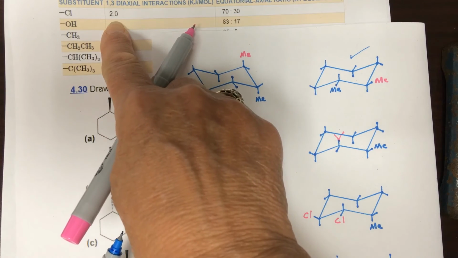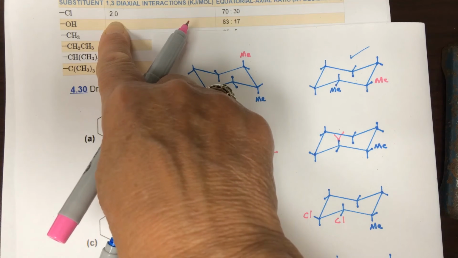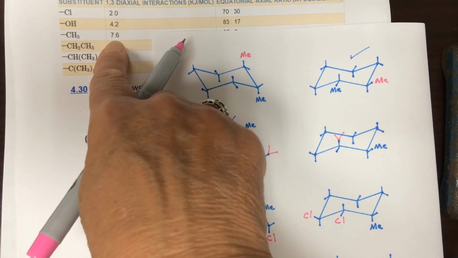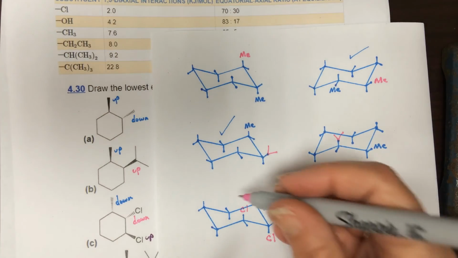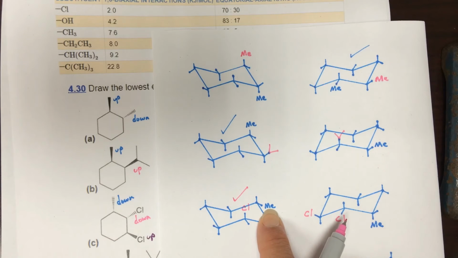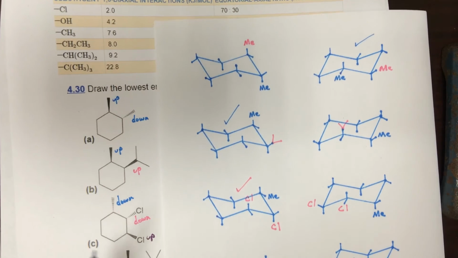Chlorine has an interaction of an effect of 2, but the methyl group has a greater effect, and so this is our more stable because it has the methyl group out to the side. We use the table to tell us that.